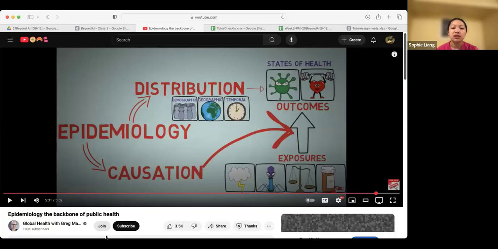So think about what's something a human could be exposed to. Something that could lead to some kind of an outcome. I'll give an example. One example could be, oh, let's see, poison? Yeah, definitely.